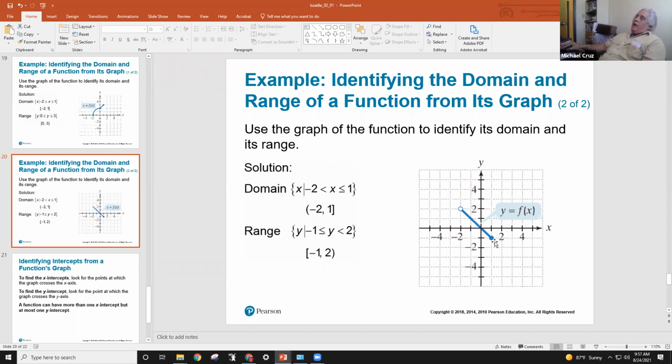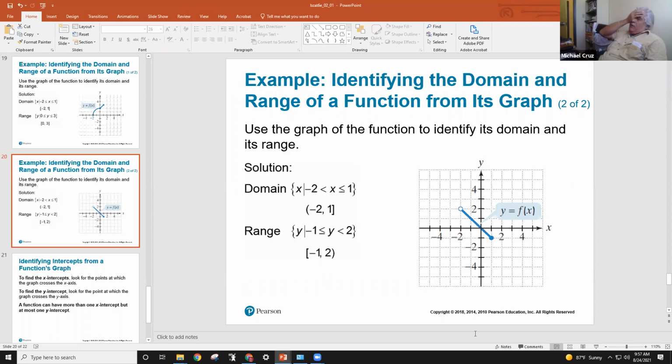We're only looking at the y-axis. Since it's filled in, it includes -1, so that's why the bracket is there. And then go on up, and that's the end. That's 2. But it does not include 2, so that's why there's a parenthesis.